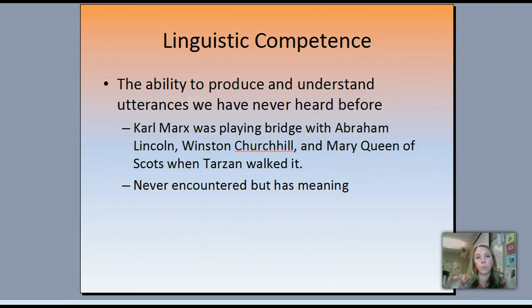And the example in your book is this kind of crazy sentence, but it says Karl Marx was playing bridge with Abraham Lincoln, Winston Churchill, and Mary Queen of Scots when Tarzan walked in. Never encountered that sentence before. Has very little meaning to me, but I know I can pull meaning from it, right? So that would be to be linguistically competent, the ability to produce and to understand a sentence that we've never heard.